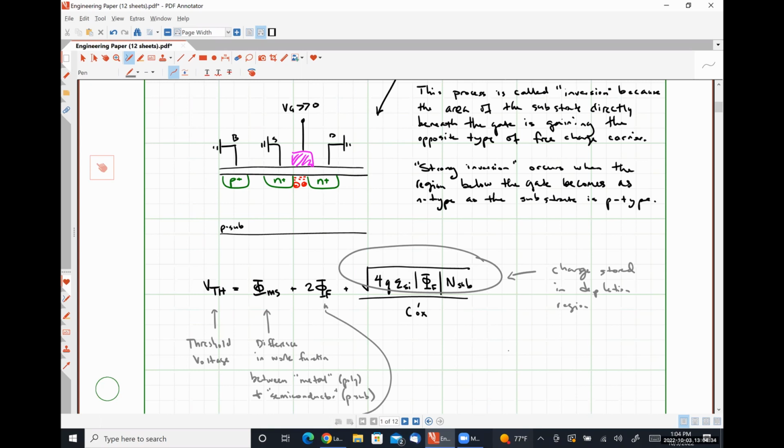What it means is I have free electrons in the area between the source and the drain. Does it mean they're moving in any particular direction? No, not at all, right? It just means I have the ability to conduct, but not that I am actually pushing current in one direction or the other, okay?